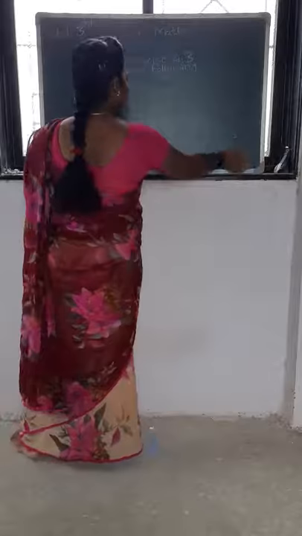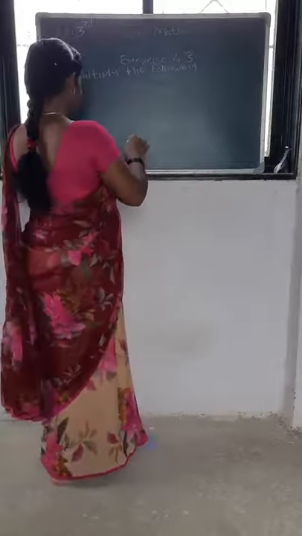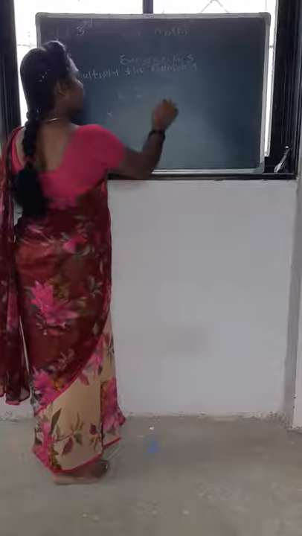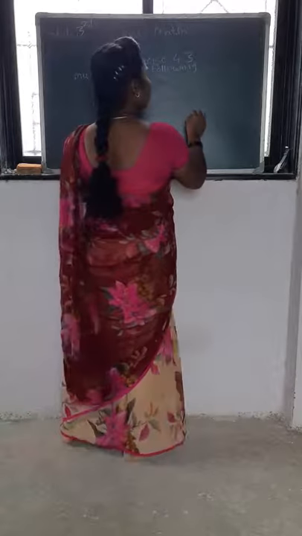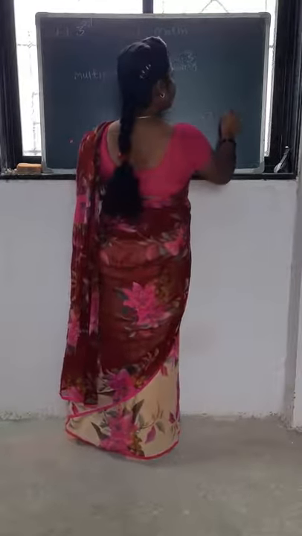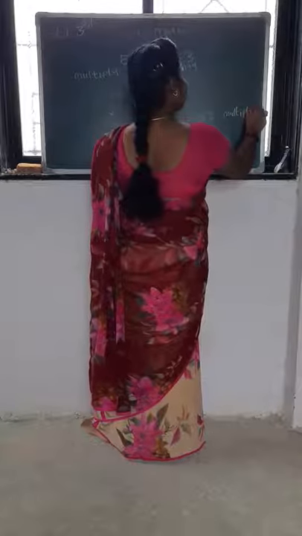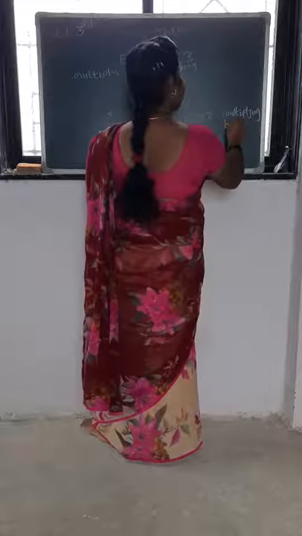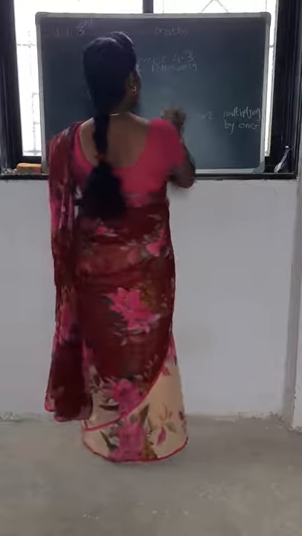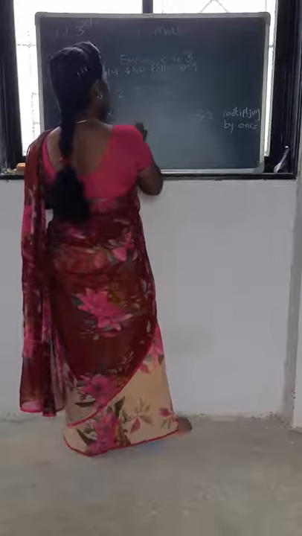Then we have seen another example of multiplication, 132 multiplied by 22. Firstly, multiplying by 2, 2 multiplied by 2. 2 twos are 4, 2 twos are 4, 2 twos are 4.